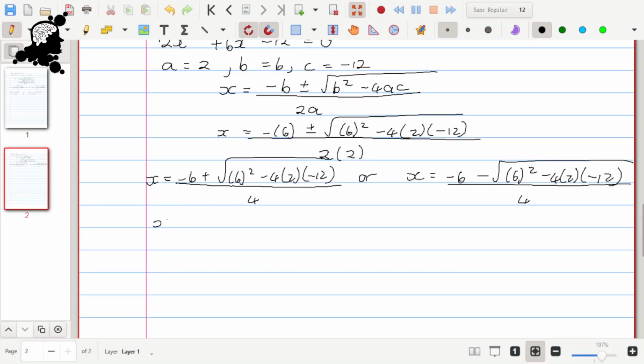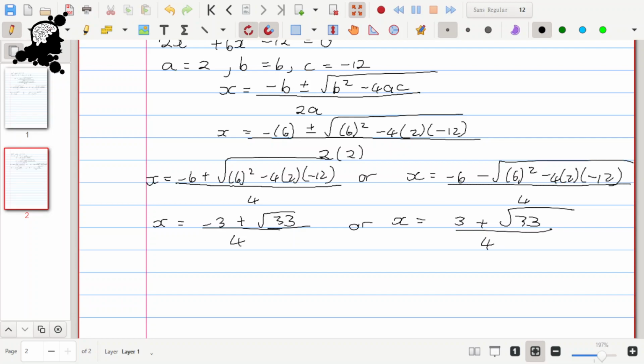We are going to have x is equal to negative 3 plus the square root of 33, all over 4, or x is equal to positive 3 plus the square root of 33 divided by 4.